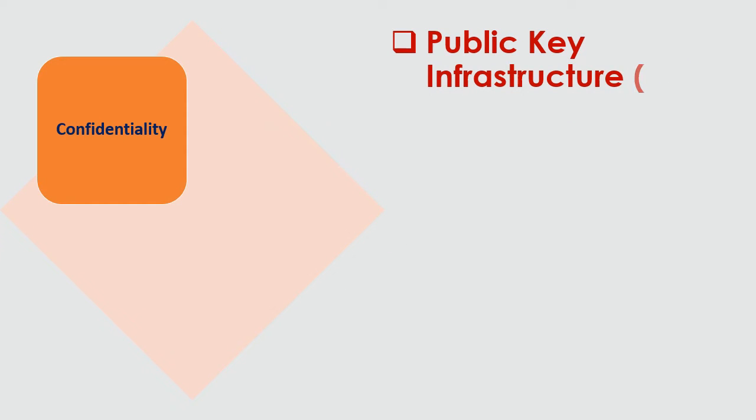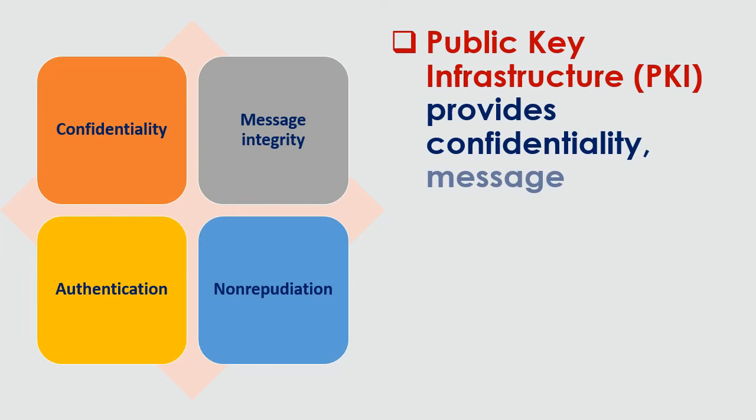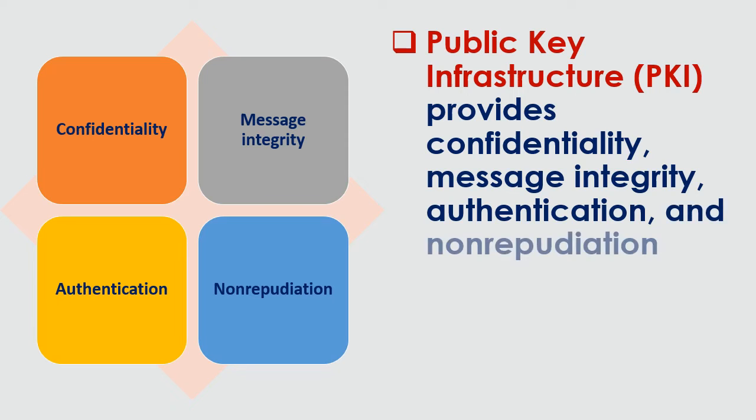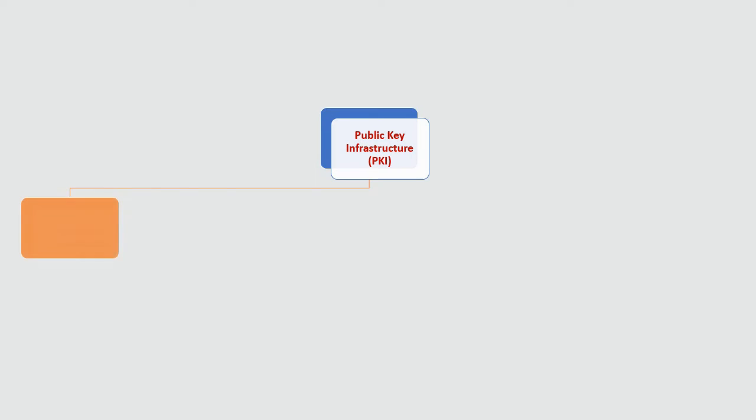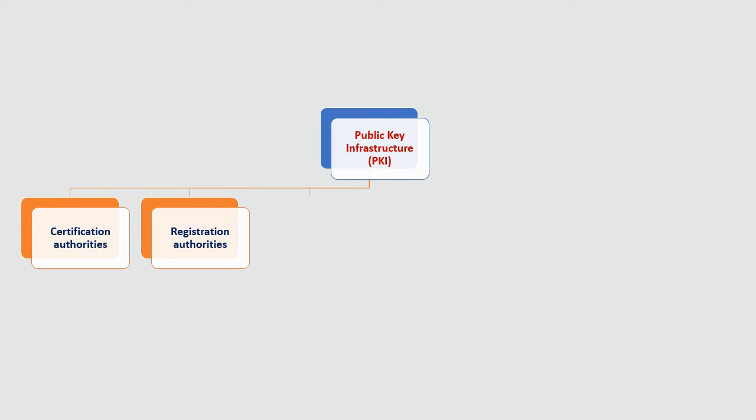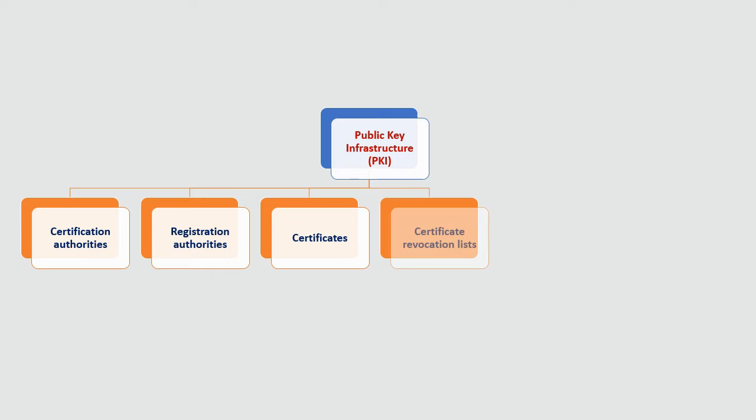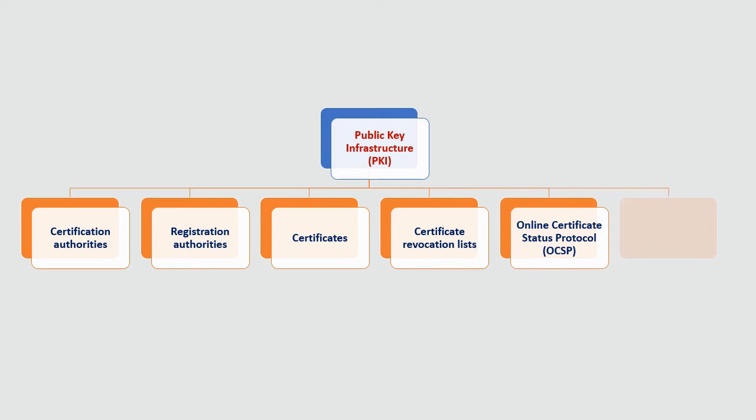PKI provides confidentiality, message integrity, authentication, and non-repudiation. The structure of PKI includes certification authorities, registration authorities, certificates, certificate revocation lists, Online Certificate Status Protocol, OCSP, and cross-certification.